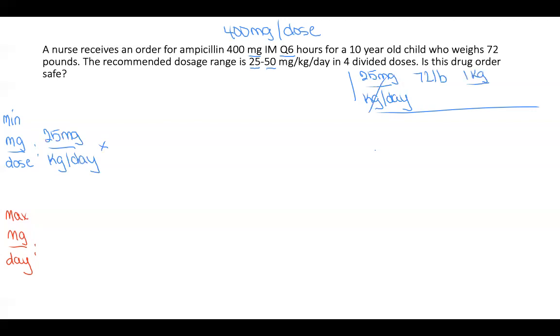I come up to my box, I don't have kilograms, so I know I need my conversion because I only have pounds. So 1 kilogram over 2.2 pounds. Now the problem says I have pounds on the bottom, I need pounds on the top. So I'm going to plug in my 72 pounds from my box.